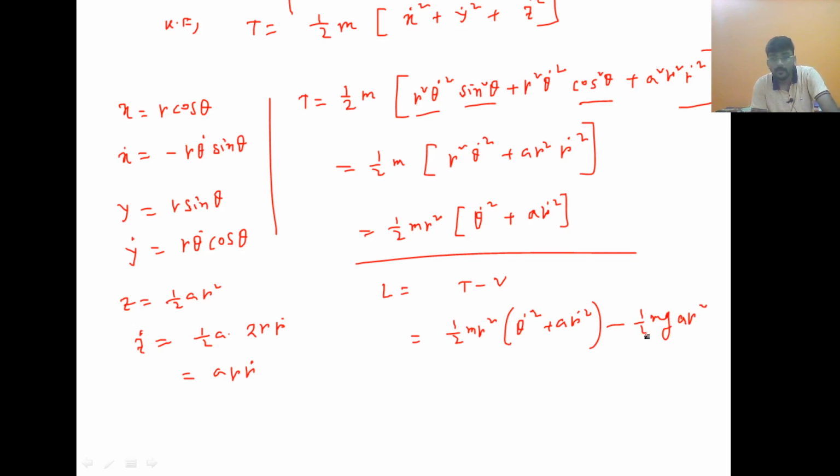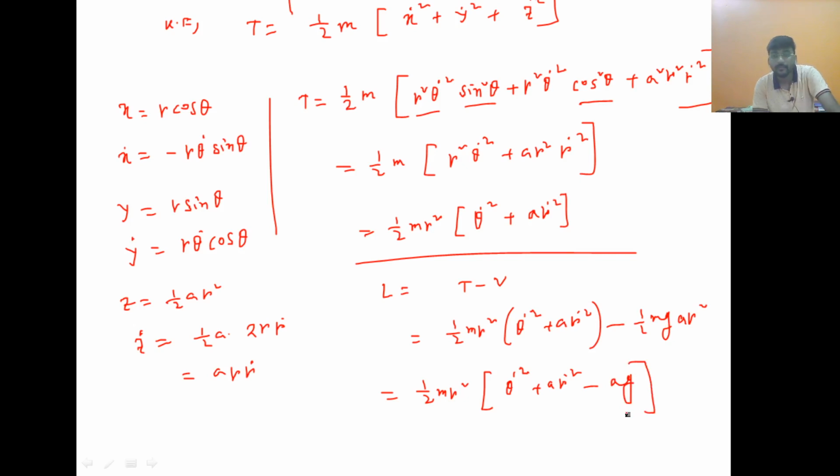We can take common half m r square from the equation. So it will be half m r square into theta dot square plus a square r dot square minus half m r square, that is a g only. Minus a g only.